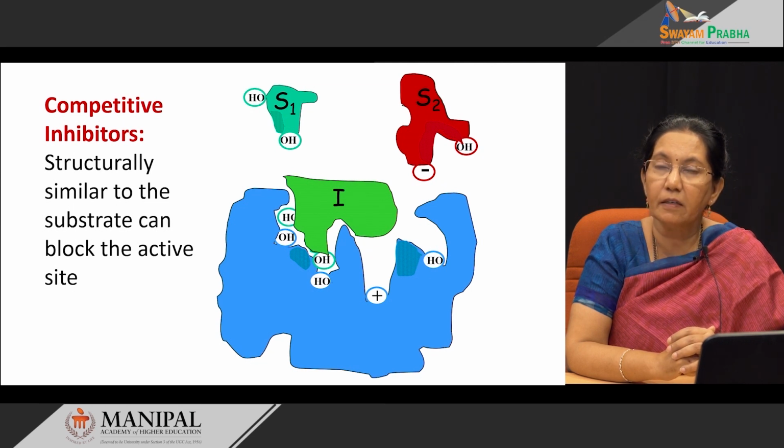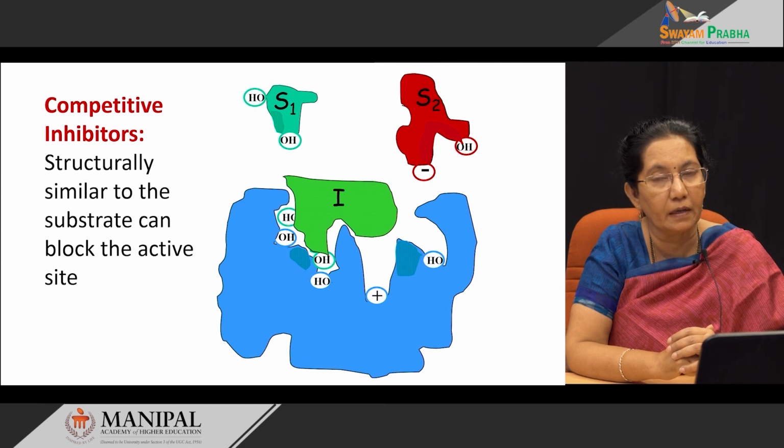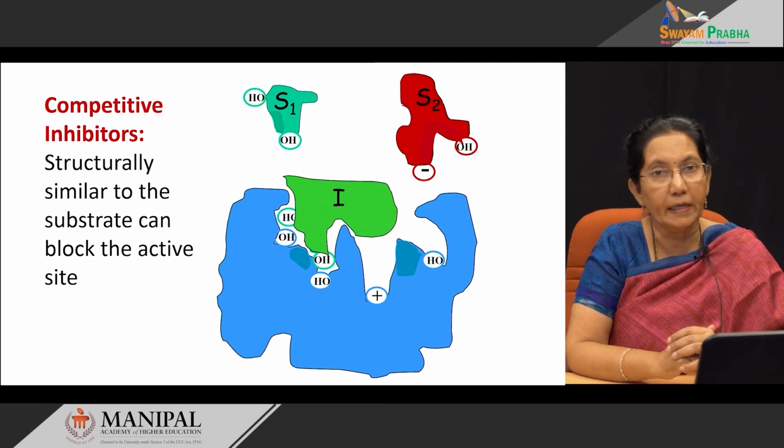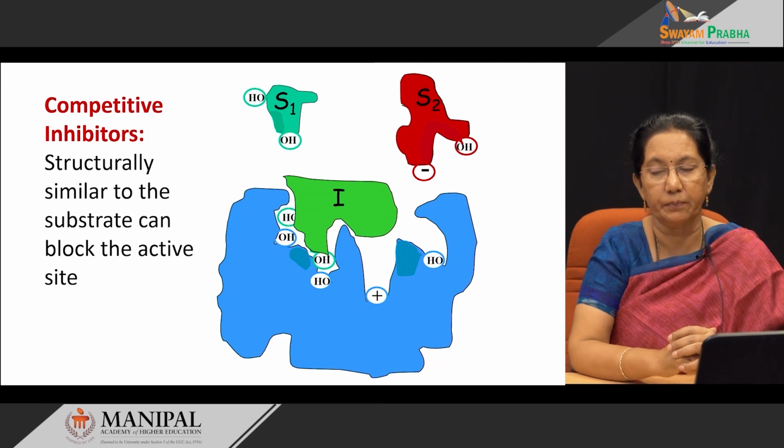However, as the concentration of the substrate increases, the inhibitor might be dislodged from the active site and allow the substrates to enter. So, this is one more application of knowing the active site structure, that competitive inhibitors can be used to block it. A wide variety of drugs function in exactly the same manner. Being structurally similar to a substrate, they are often used to block the active site of an enzyme.